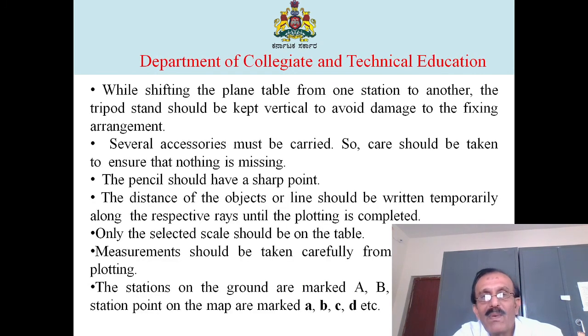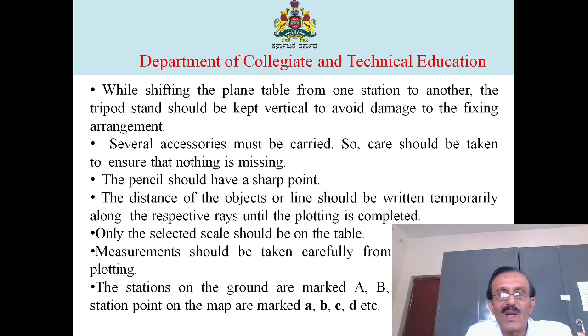While shifting the plane table from one station to the other, the tripod stand should be kept vertical to avoid damage to the fixing arrangement. Several accessories must be carried, so care should be taken to ensure that nothing is missing. The pencil should have a sharp point.